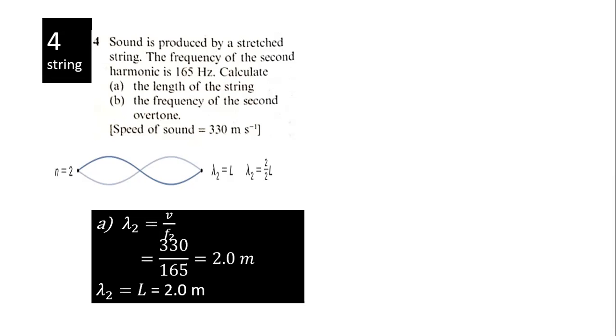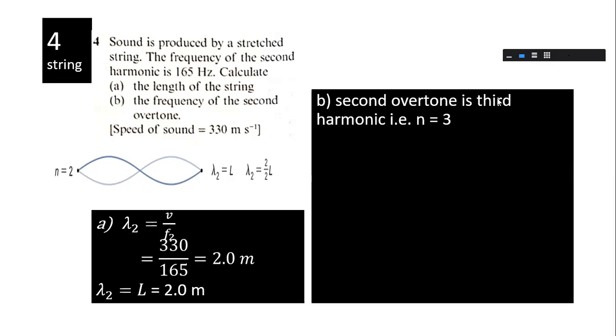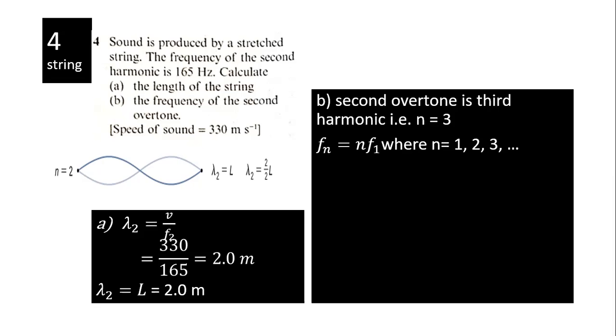Frequency of the second overtone. The second overtone is the third harmonic, so n equals 3.